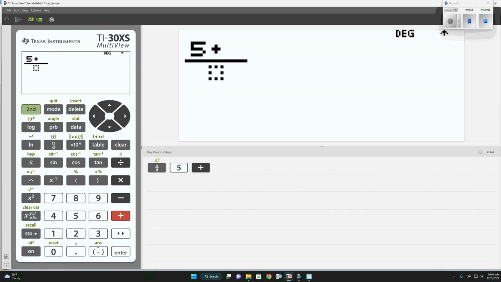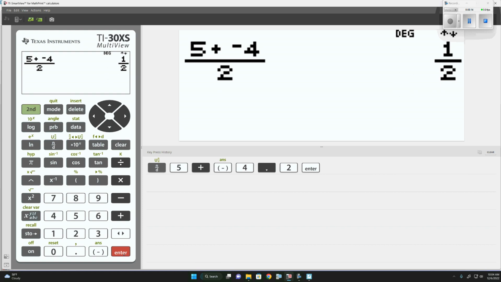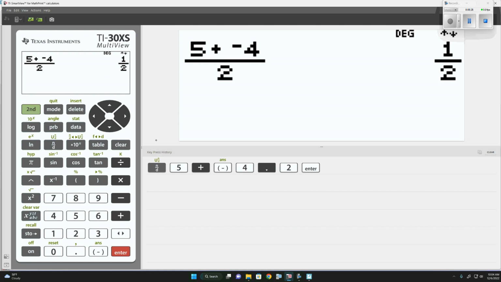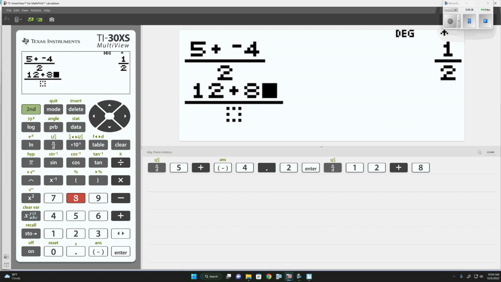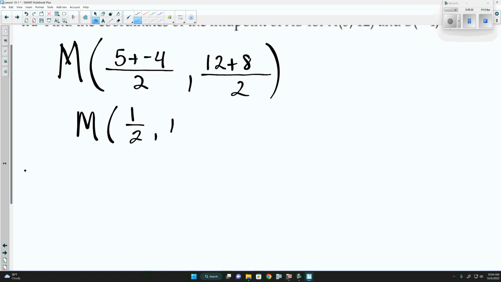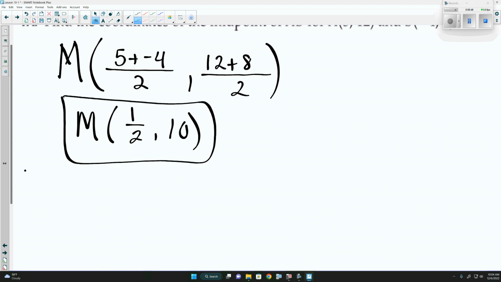We could say 5 plus negative 4 over 2, and it tells us it's 1/2. And we can say 12 plus 8 divided by 2, and 12 plus 8 over 2 is indeed 10. So the midpoint is 1/2 comma 10. Or we could say 0.5 comma 10. Either way.